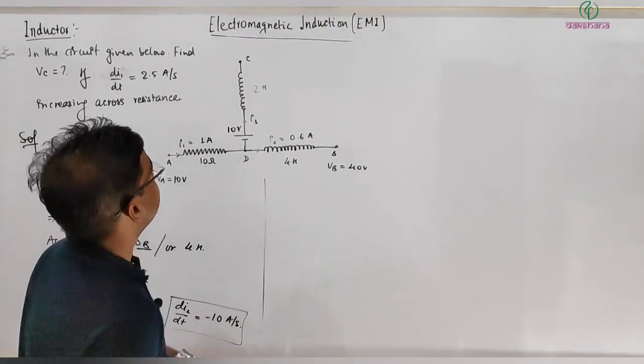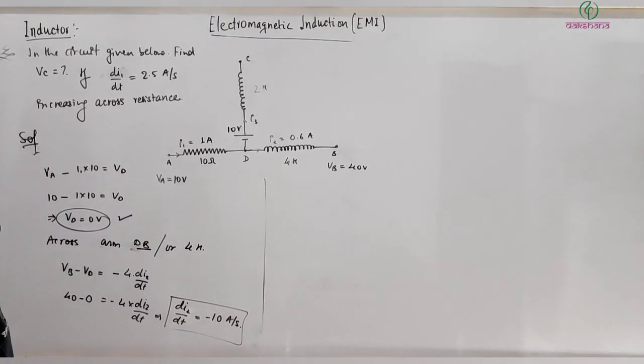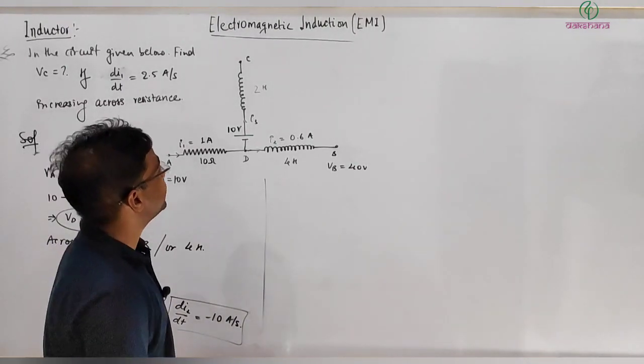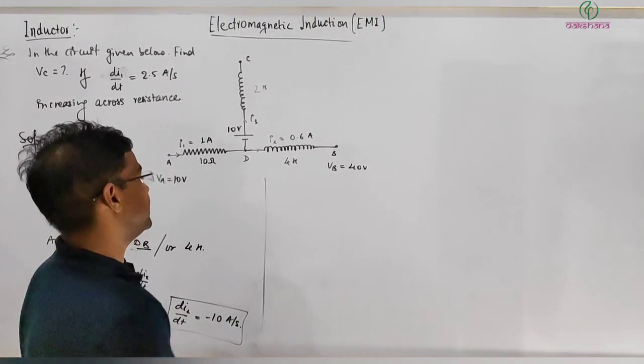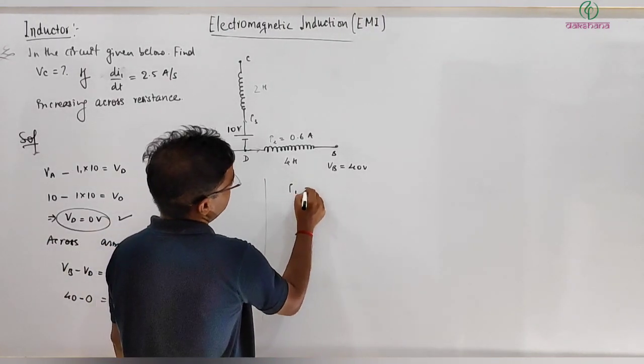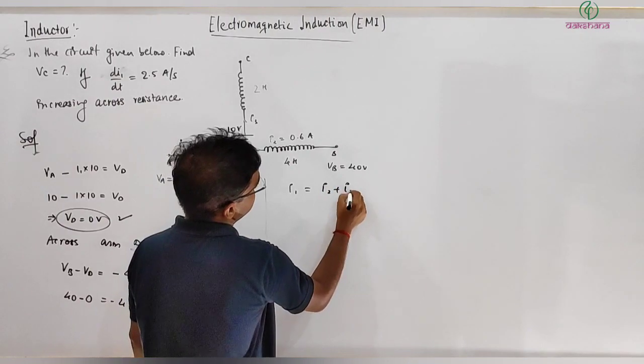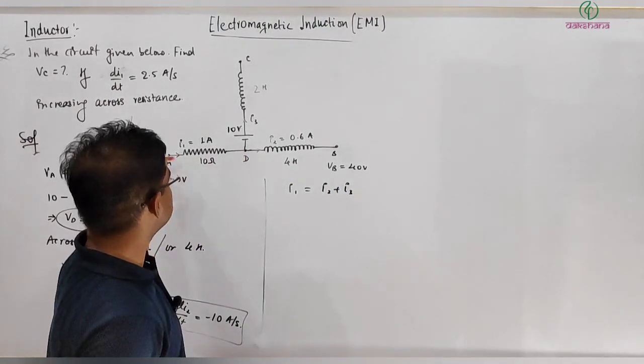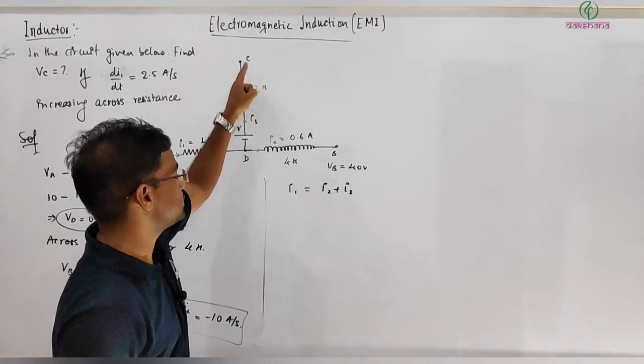So first thing is here, because I3 and di3 by dt is also not given. I3 I can get easily, but I don't even require that. So I can write I1 equal to I2 plus I3 by KCL at junction D. So this is the current coming, going, and this way.